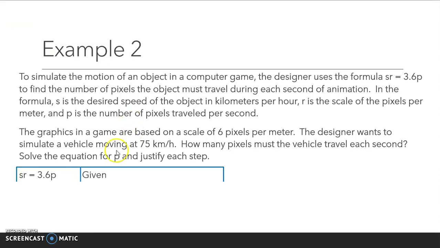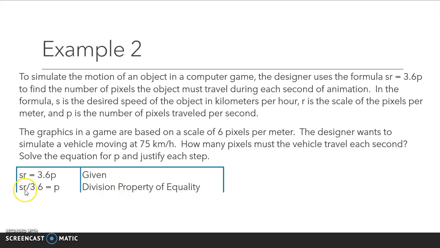Now it does say solve the equation for P. So all I'm going to do is get P alone here. P is multiplied by 3.6, so I need to divide both sides by 3.6. Okay, now that I have that, this is exactly what they told me to do.